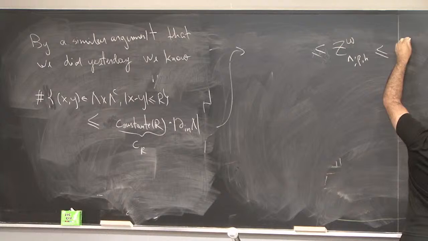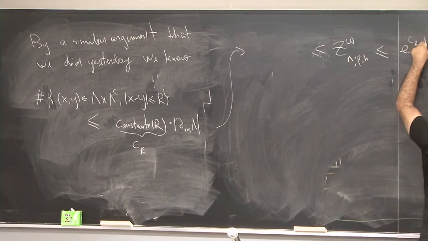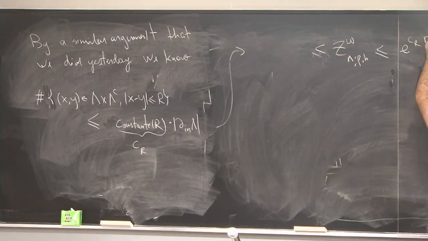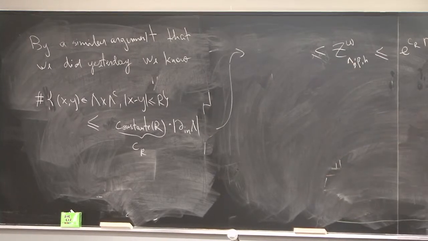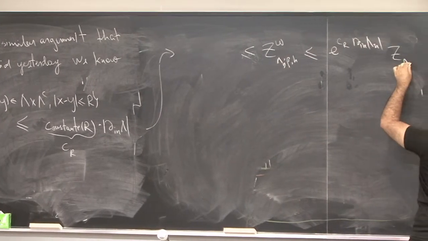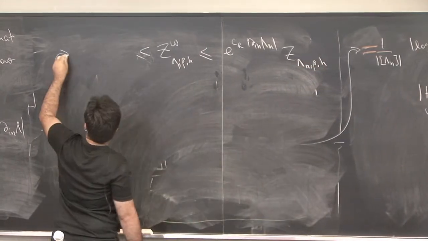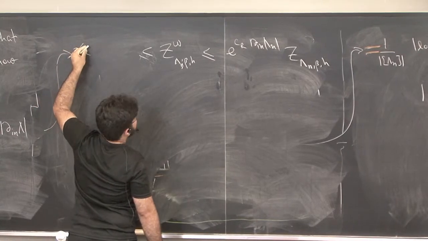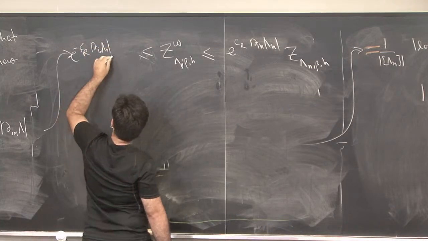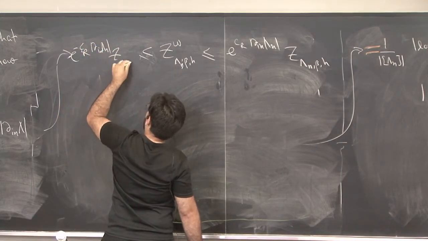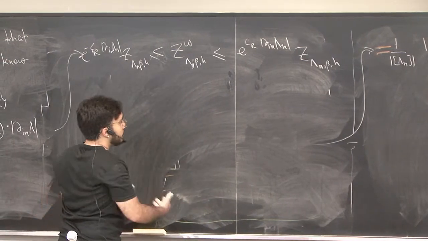One will be exponential of CR times the boundary of lambda n times the partition function with empty boundary conditions, and a similar thing right here. Now you take the logarithm and divide by the size of n.